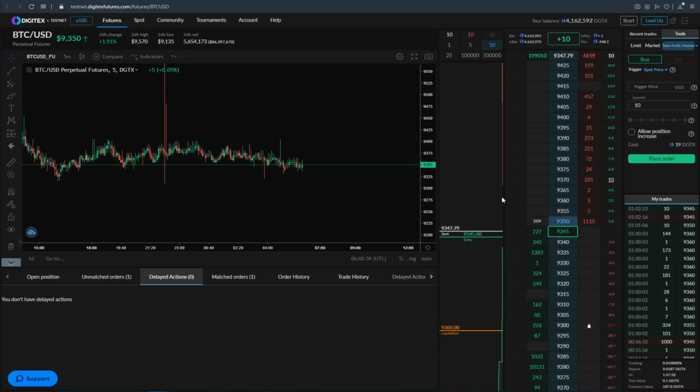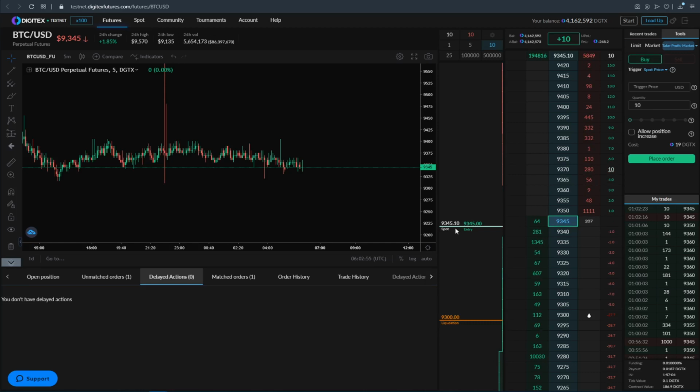When the spot price hits 93.70, that does not mean I'm going to get filled on these 10 contracts. There were contracts ahead of me at this level that would have to get filled first at the time that I placed the order. So even though the spot price can get up to 93.70, if I have a limit order up here, that doesn't mean I'm going to get filled.